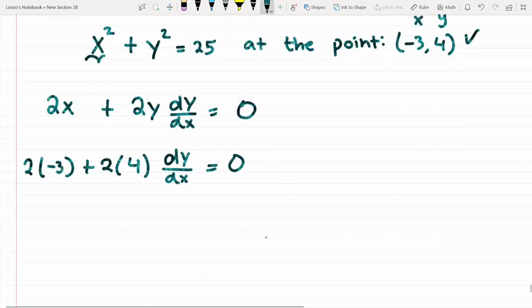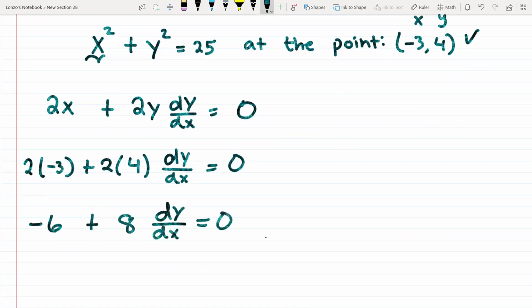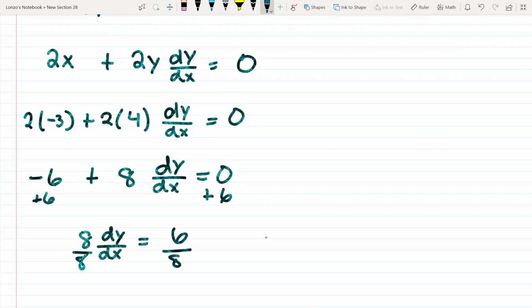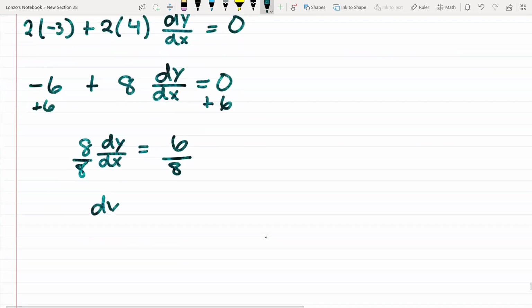So 2 times -3 is -6, plus 2 times 4 is 8, dy dx, equals 0. Solve for dy dx, so I'm going to add 6 to both sides. 0 plus 6 is 6, and then divide by 8. So I get dy dx, the derivative, equals 6 over 8, which can be reduced by 2, so that would be 3 over 4.